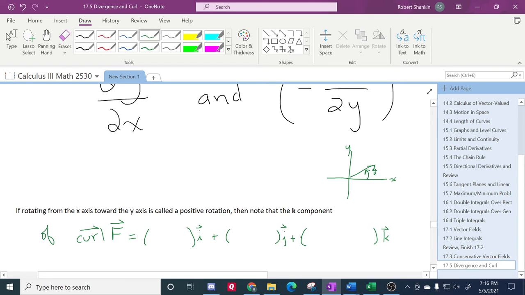Where this is going to be the rotational effect that we're going to be getting, and it's going to be the partial of g with respect to x plus the negative of the partial of f with respect to y.